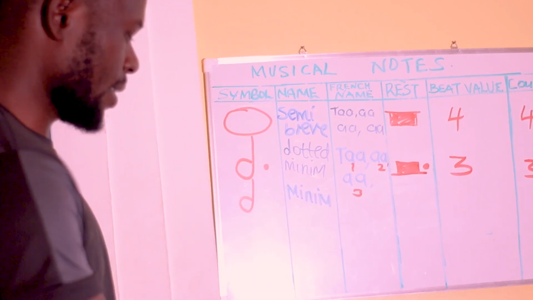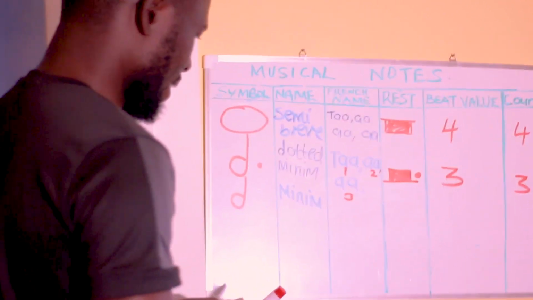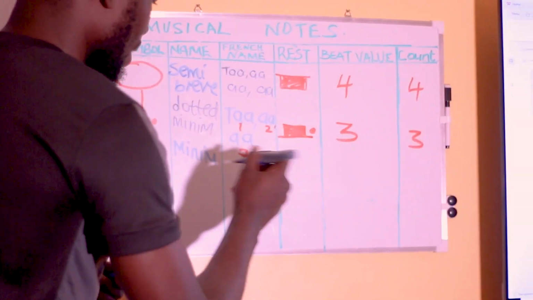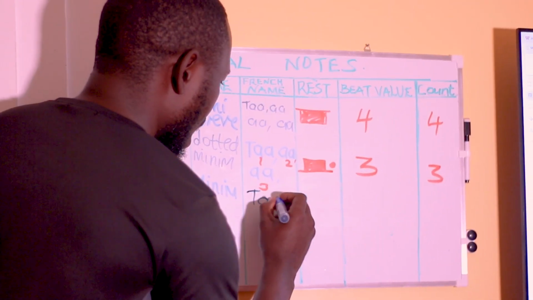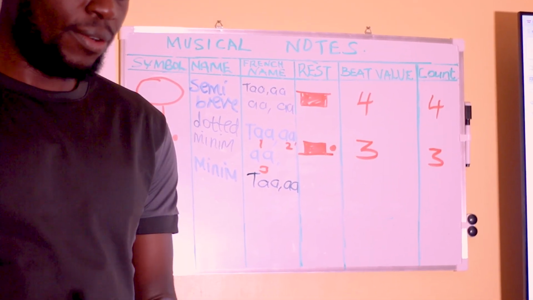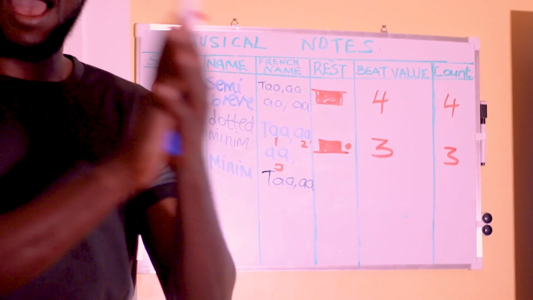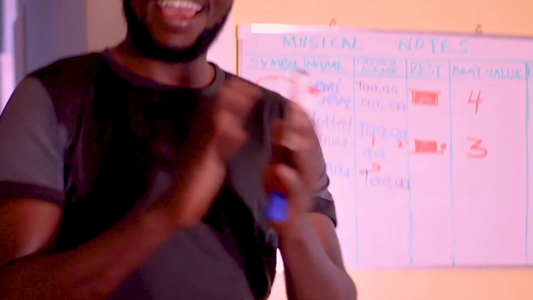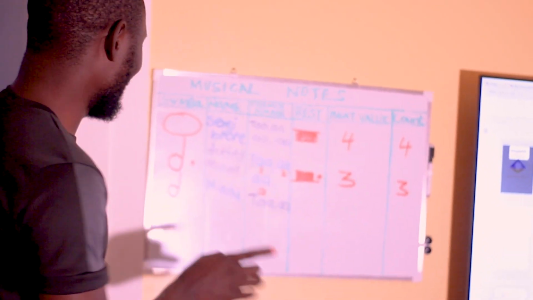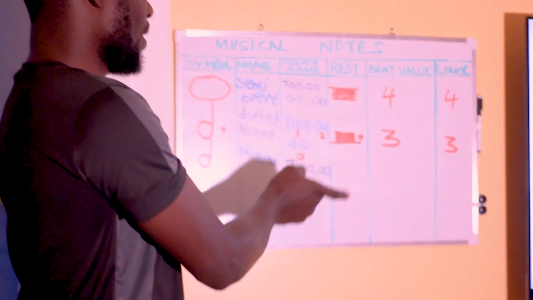We subtract 1, and we get ta-a. You can repeat ta-a. How do we clap? We just say ta-a, ta-a, ta-a. That is simple for minim.